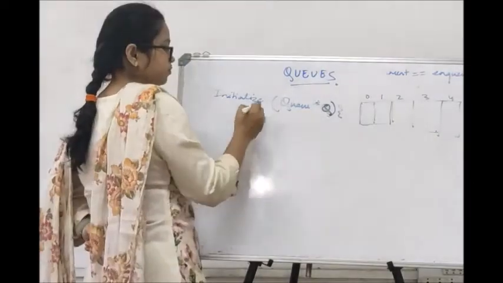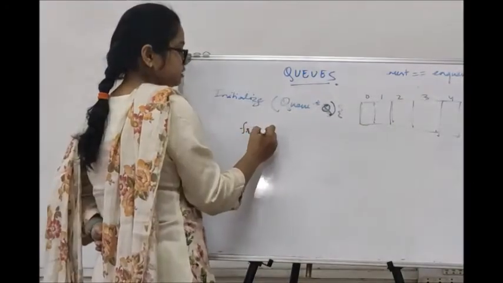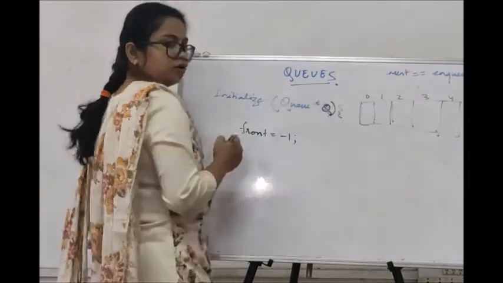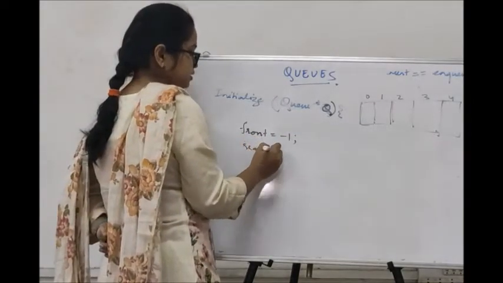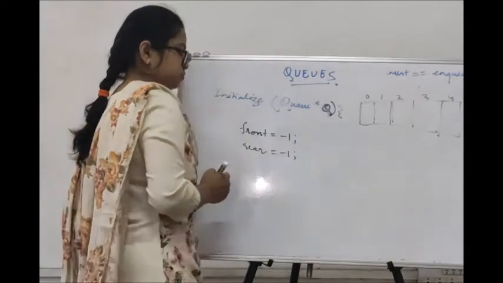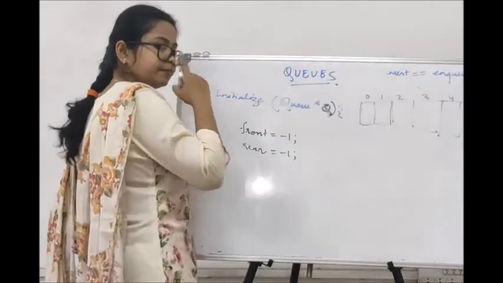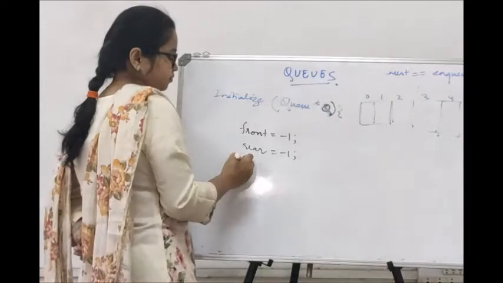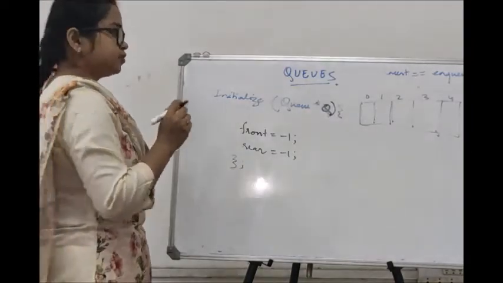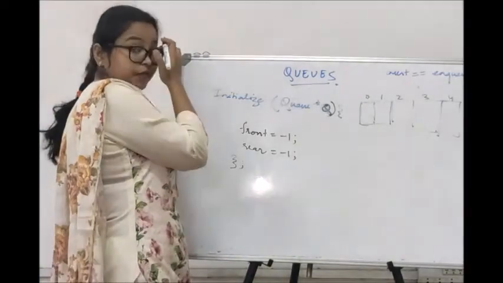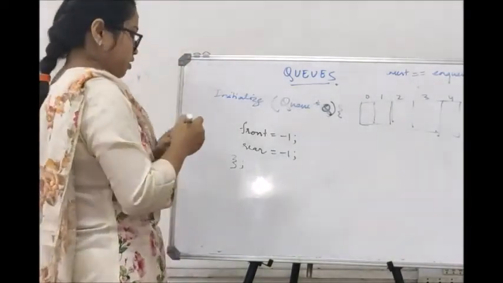We have to initialize it. So front is initialized as -1. Then rear is initialized as -1. Then the initialization part is done. Actually a Q is created.